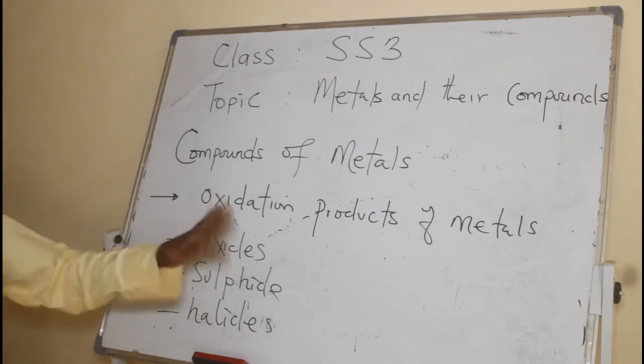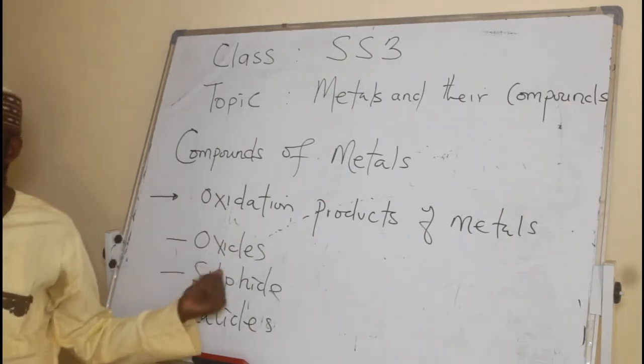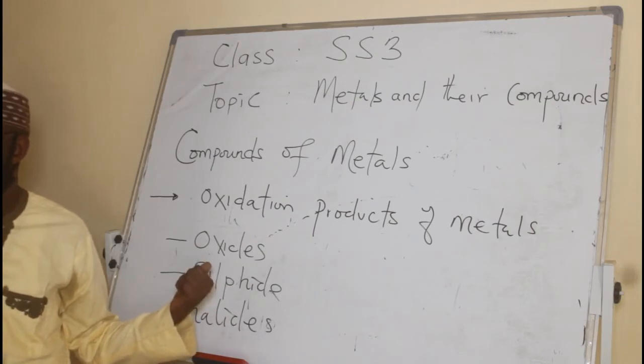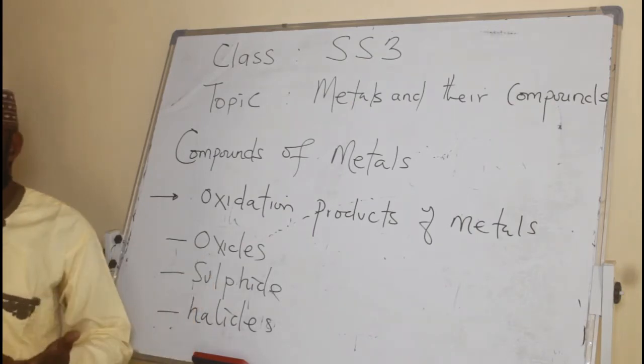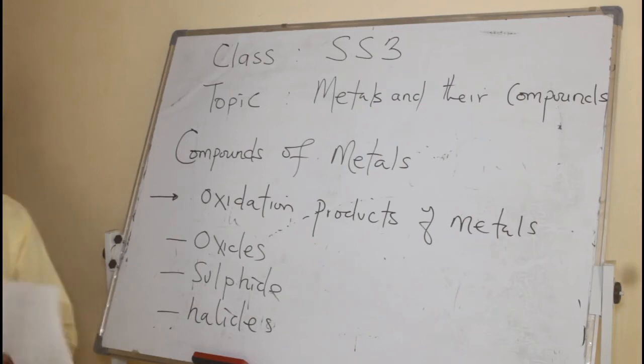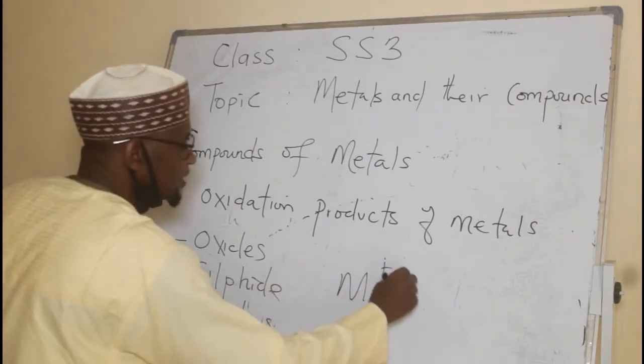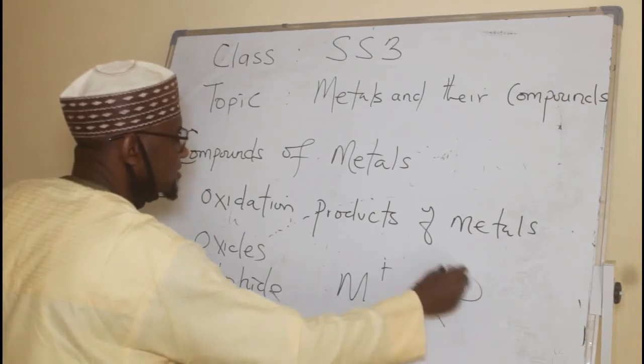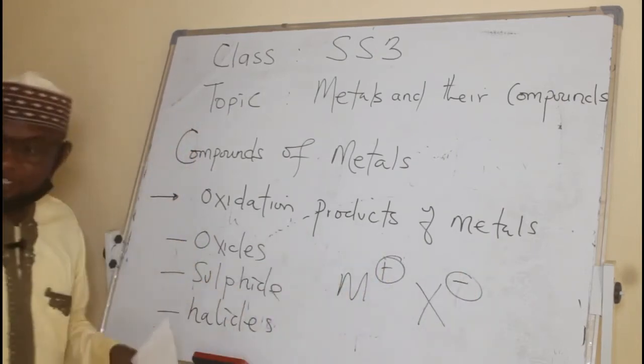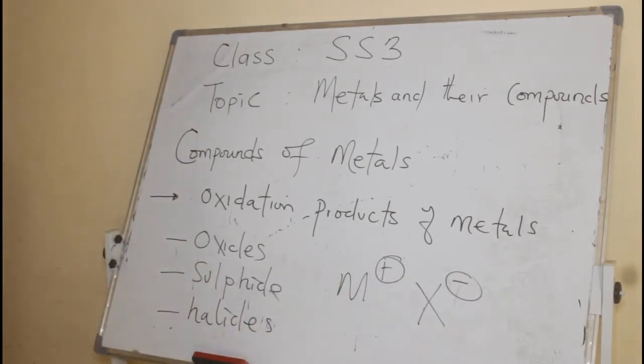And the bond formation between this element and this compound, I said is what? It's ionic bond. Because the metals have this positive charge, and then the non-metals have the negative charge. And you know different charges attract. When you have plus and minus, positive and negative, there will be a force of attraction.